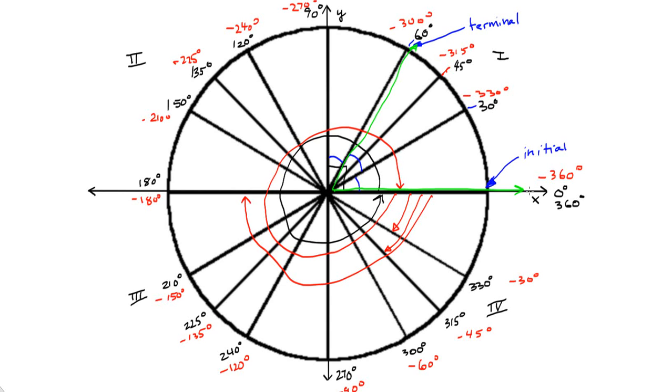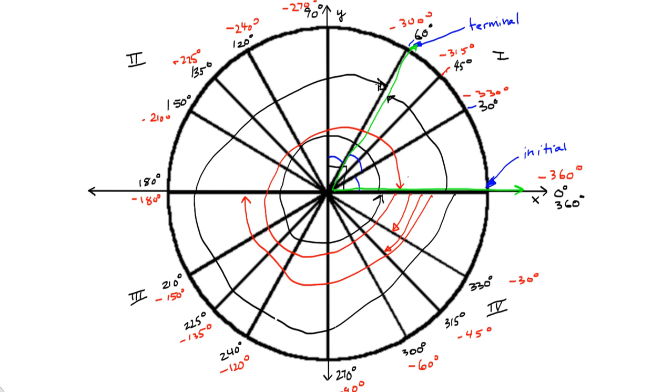Now, I hope you can see that we can measure that angle one of two ways. We can either measure that angle in the counterclockwise positive direction, in which case that angle has a measurement of 60 degrees, or, as we just said, we can go all the way around the circle in a negative direction, and that angle is negative 300 degrees. We say that any pair of angles that have the same terminal side are called coterminal angles.